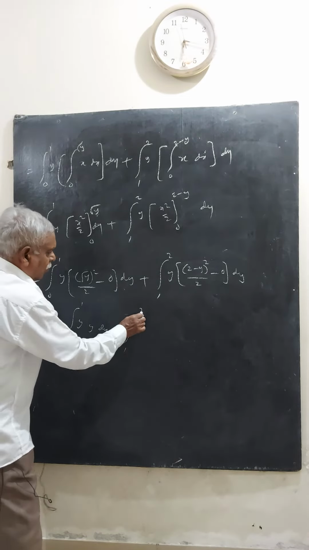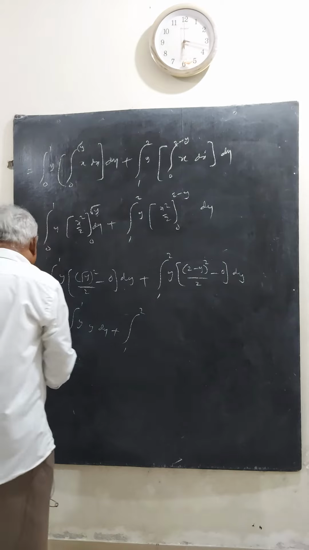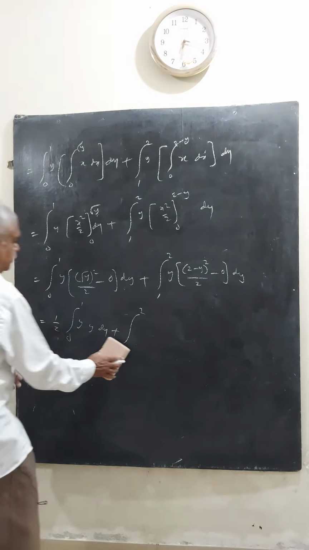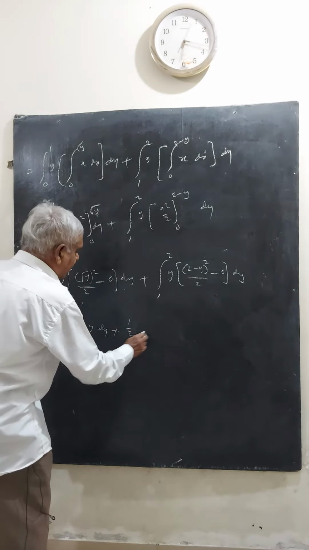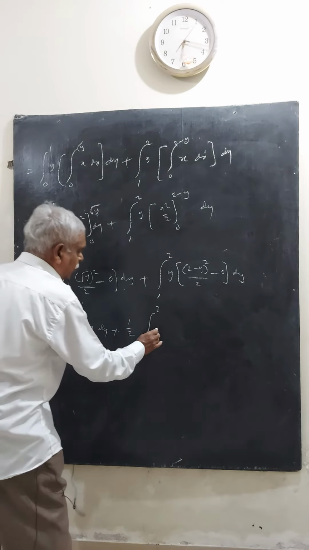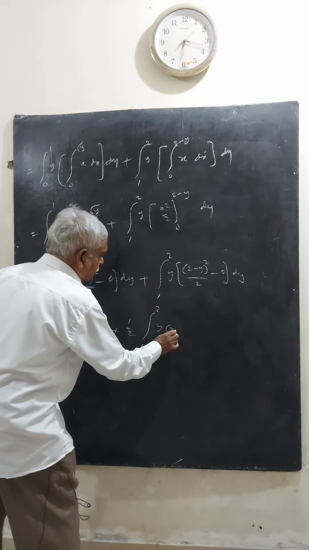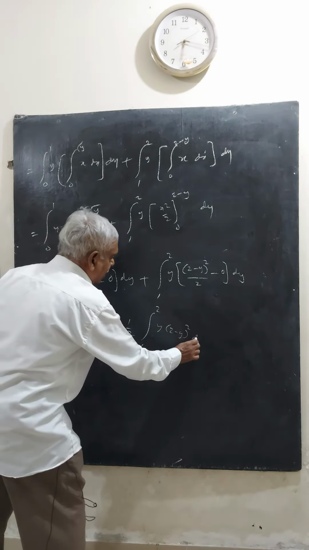Plus 1 to 2 y, upper limit (2 minus y) whole squared by 2, lower limit 0, dy. Taking 1 by 2 out: 1 by 2 integral 0 to 1 of y times (root y) whole squared dy, plus 1 by 2 integral 1 to 2 of y times (2 minus y) whole squared dy.